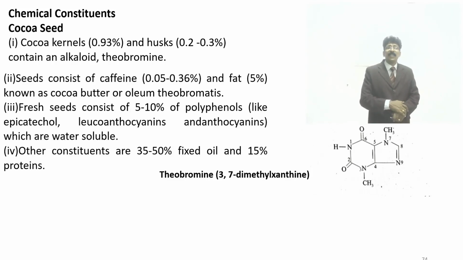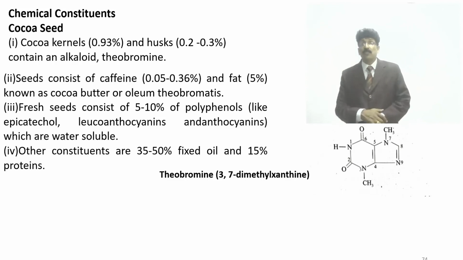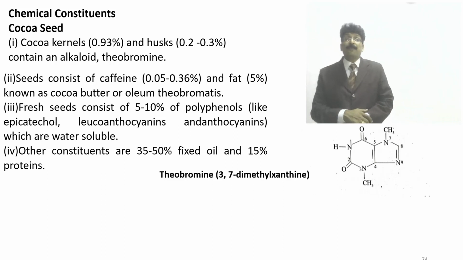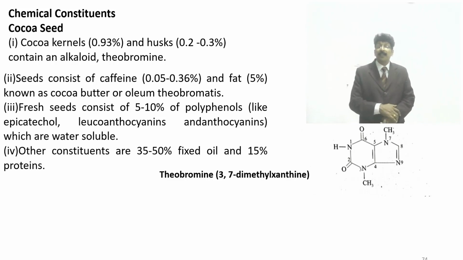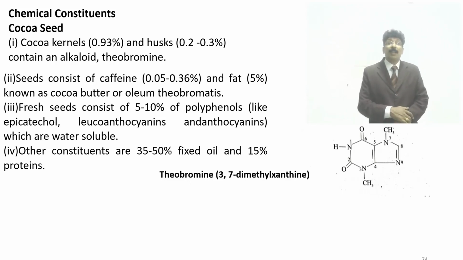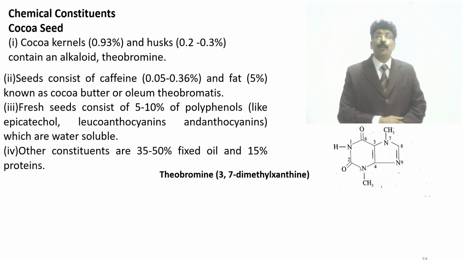So the seeds consist of caffeine actually. It also contains caffeine 0.05 to 0.36%, fat 5%. Caffeine has the same structure; the only thing is 1,3,7-trimethyl xanthine is caffeine. It's also available in low quantity in cocoa butter, oleum theobromatis.